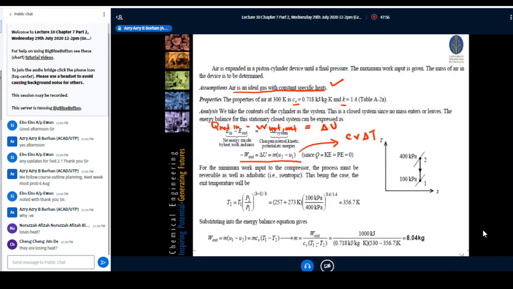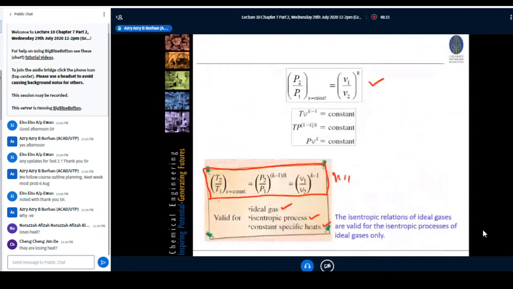So I have to find the final temperature T2, because T1 has been provided at 530 Kelvin. To find T2, I have to make use of this particular correlation. And remember this one. Okay, T2 over T1 is equivalent to V1 over V2 to the power of K minus 1.